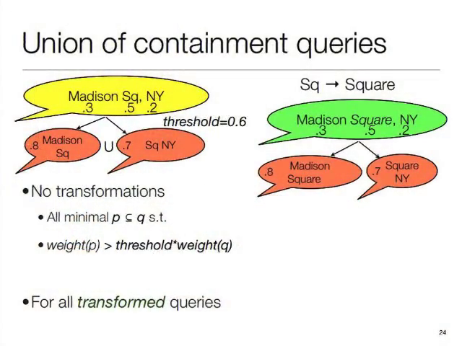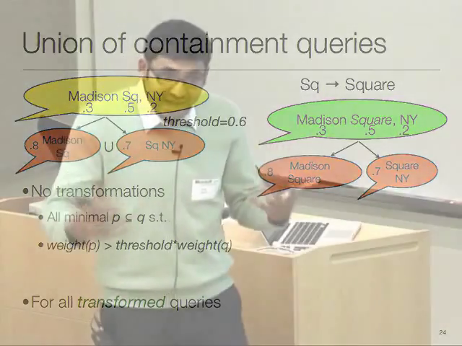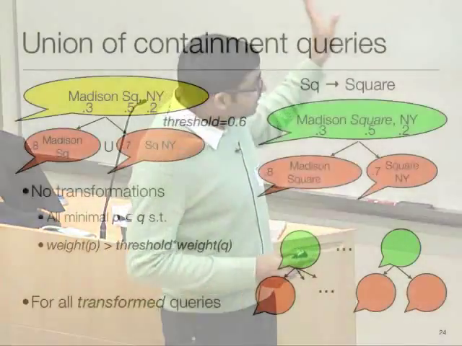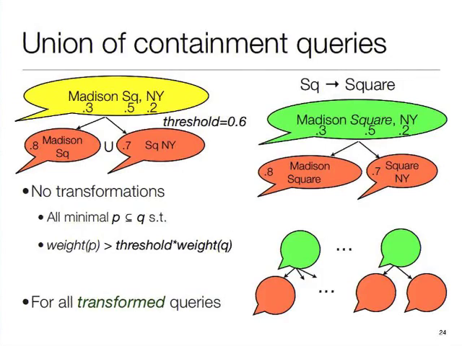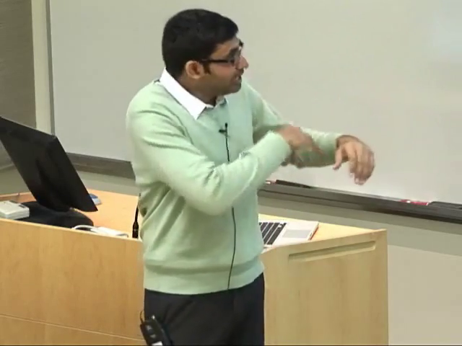In the presence of transformation, this generalizes nicely. You apply conceptually the transform query, the green one. For that, again, do the same process of finding queries such that you can answer that. So you generate all transformed queries, the green ones, by applying transformations. Then you find their subsets as I defined earlier, and you take all of these red queries, issue them, take their union, and now that is the exact result you would like for Jaccard containment in the presence of transformation.